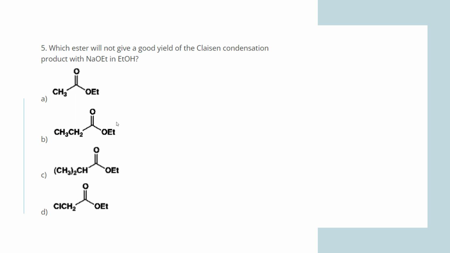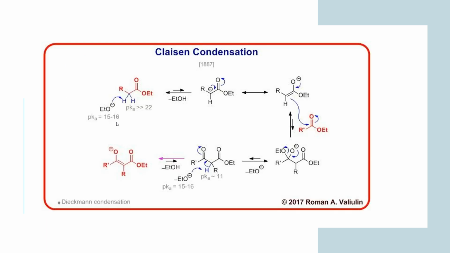let us revise the topic of Claisen condensation and how the mechanism goes. What happens in Claisen condensation? You have acidic protons alpha to electron withdrawing groups. Ethoxide or methoxide, whatever base is used for the condensation reaction, extracts an acidic proton alpha to the electron withdrawing group.